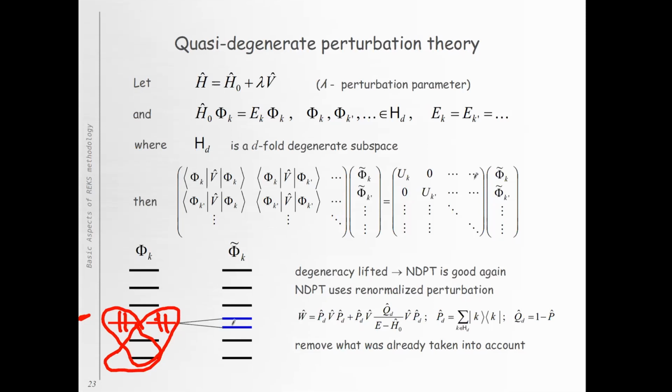All of that will be automatically taken over by these simple diagonalization procedures. I'm explaining this because I will later use this idea about quasi-degenerate perturbation theory in the construction of the method. This is also one of the ways to introduce configurational mixing.